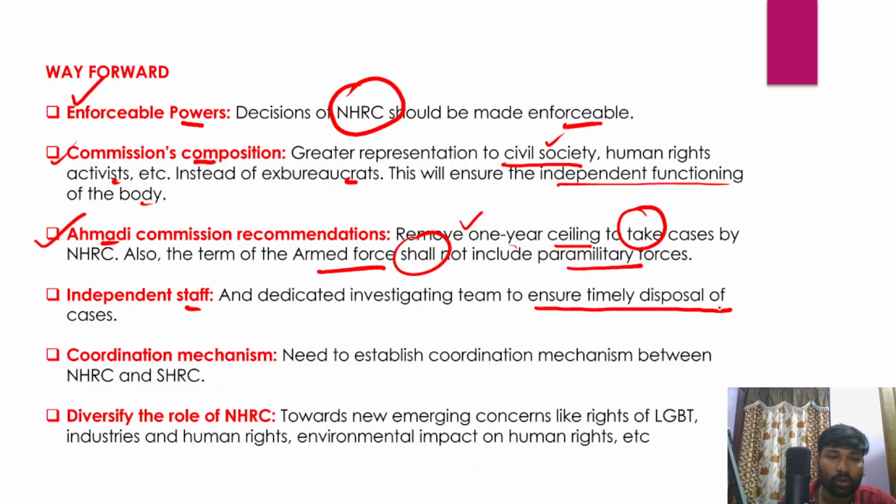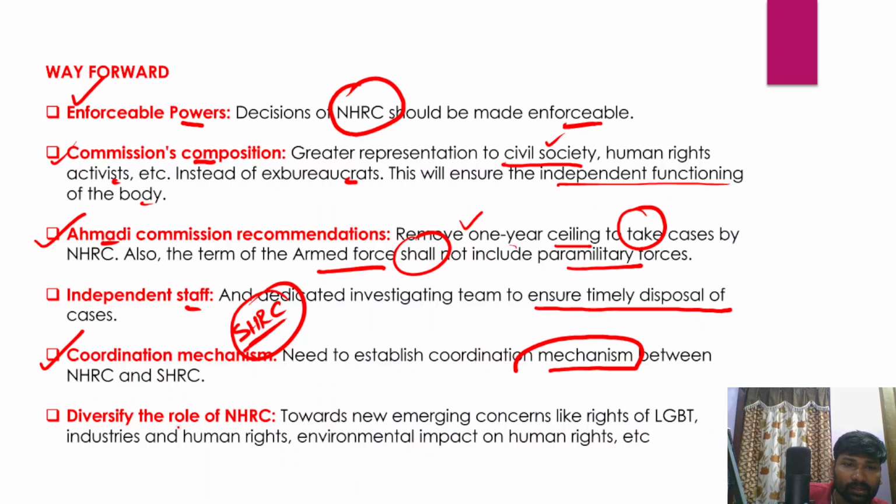So all these different provisions must be provided to the NHRC, and there should be a coordination mechanism. When we talk about the coordination mechanism, there is a need to establish such a mechanism between the National Human Rights Commission and the different state human rights commissions. State human rights commissions have also been established, right, to protect human rights of the people at the state level. And diversify the role of the National Human Rights Commission.